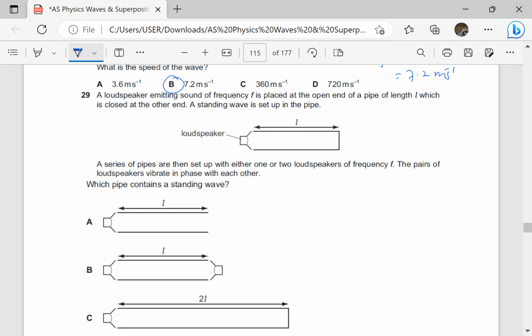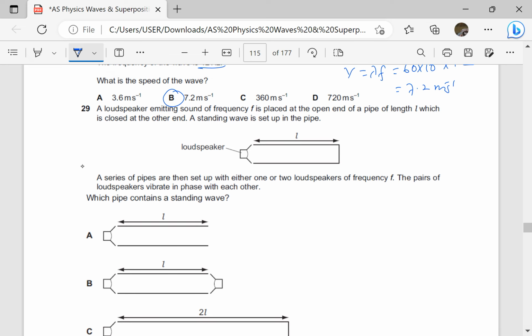So we notice that if this was a closed pipe and the fundamental mode is formed here, then for a closed pipe the fundamental mode of vibration F is going to be equal to V divided by lambda.